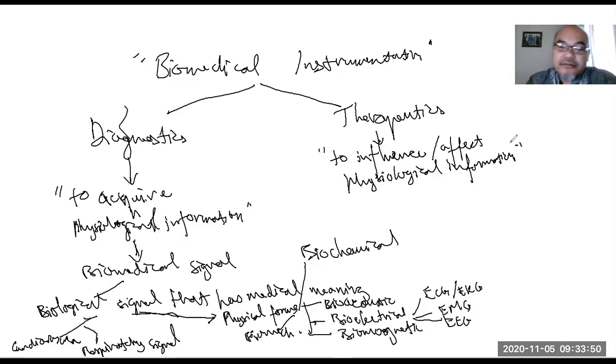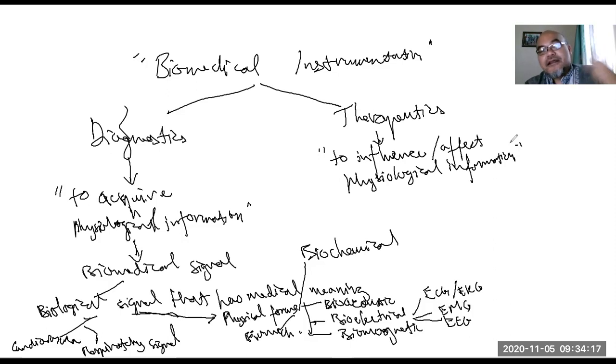So in a cardiac pacemaker, it is not anymore just to acquire electrocardiology signal, but instead it tries to affect the person's electrocardiology signal, so that that person will have the correct or the healthy electrocardiology signal. It excites the heart.